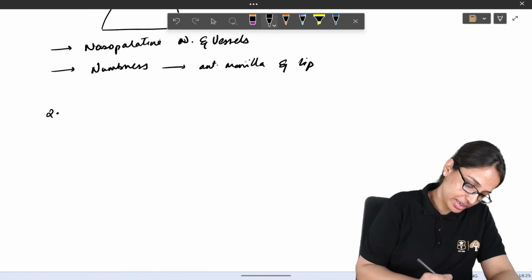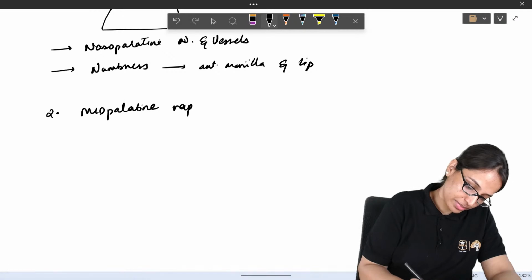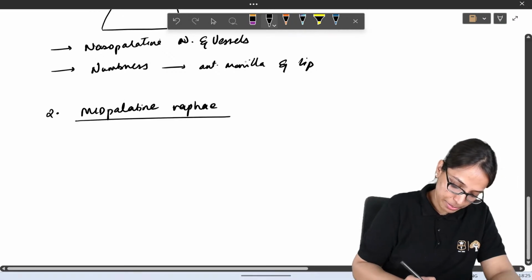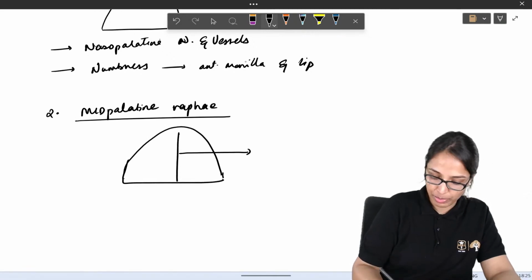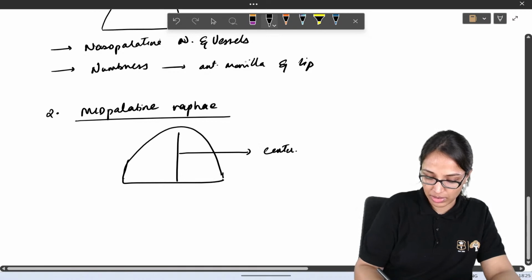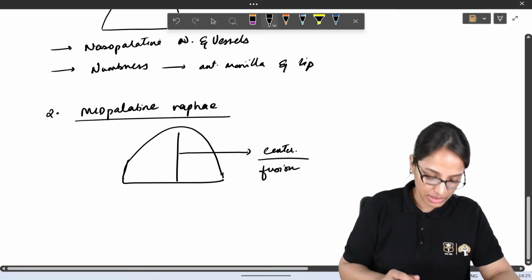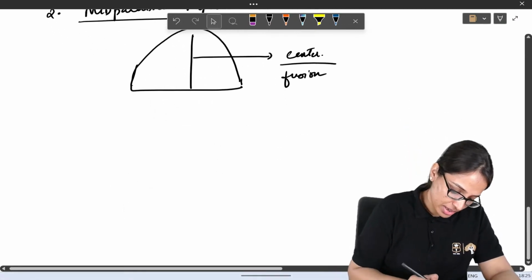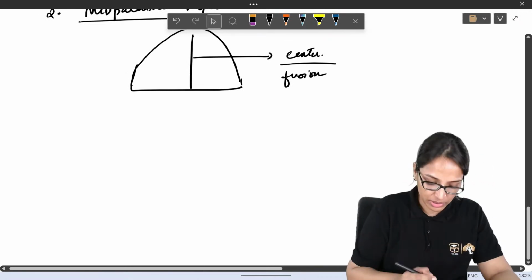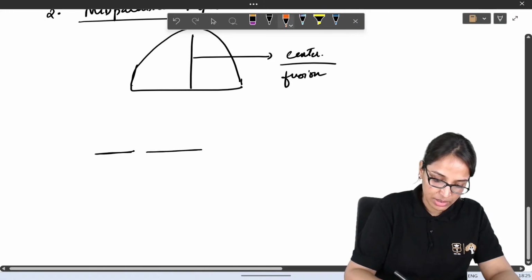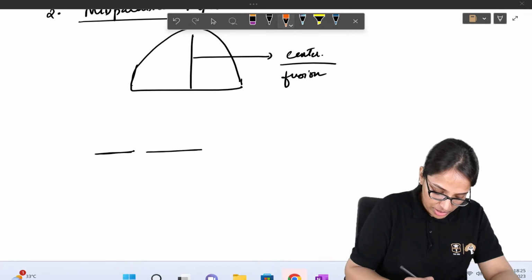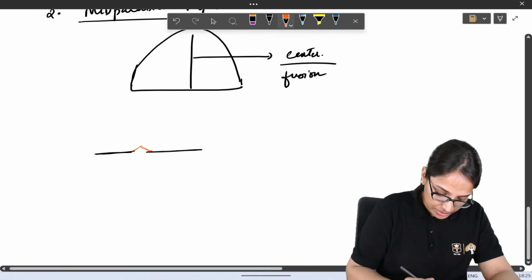The second relieving area is your mid-palatine raphe. Mid-palatine raphe is basically the fusion of two palatine processes. It is present in the center here. Now, in some cases, I'm not saying everywhere, if I show you a cross section, this is one palatine process and this is another, sometimes the union is slightly elevated like this.